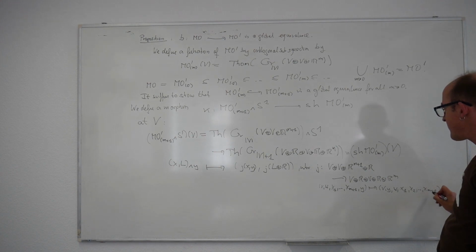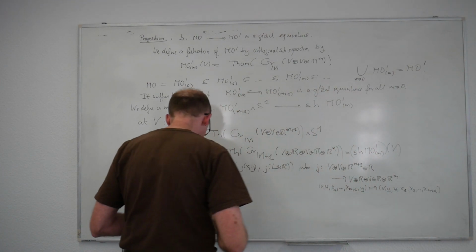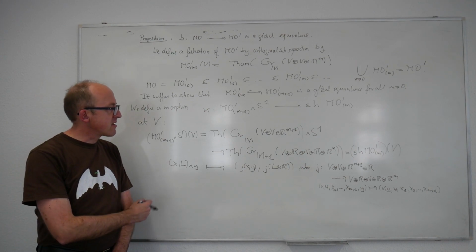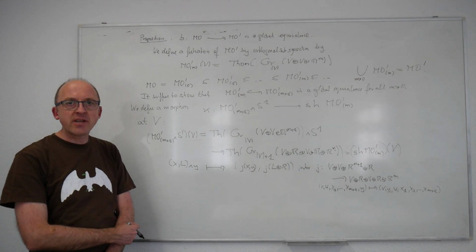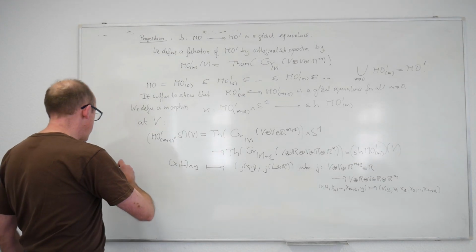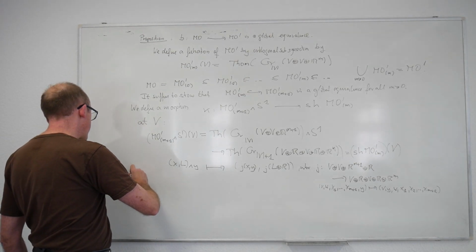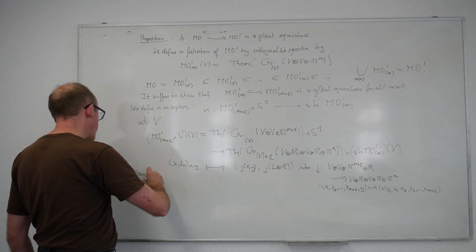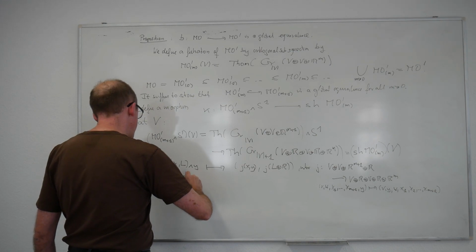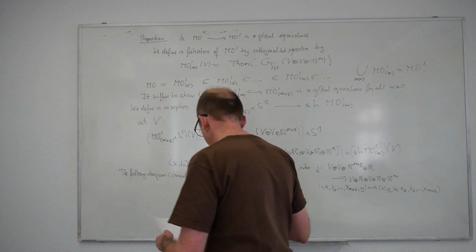So I'm just formalizing what I said in words a little bit earlier, how we spread out these coordinates. Now there's a bunch of things for you to check, that this defines a morphism of orthogonal spectra, and more importantly, that a certain diagram commutes. The following diagram commutes. I will not check this for you because it's boring.